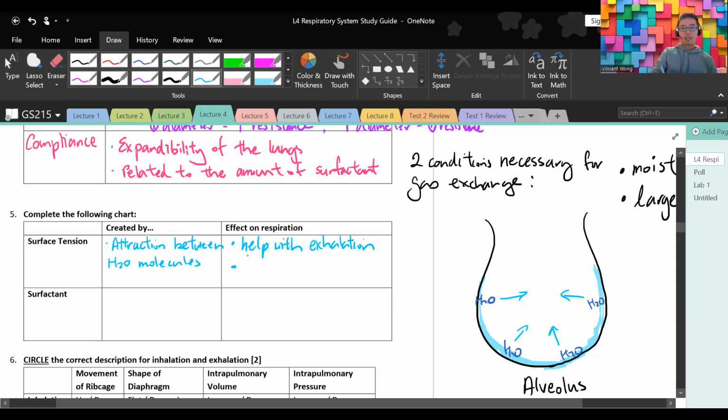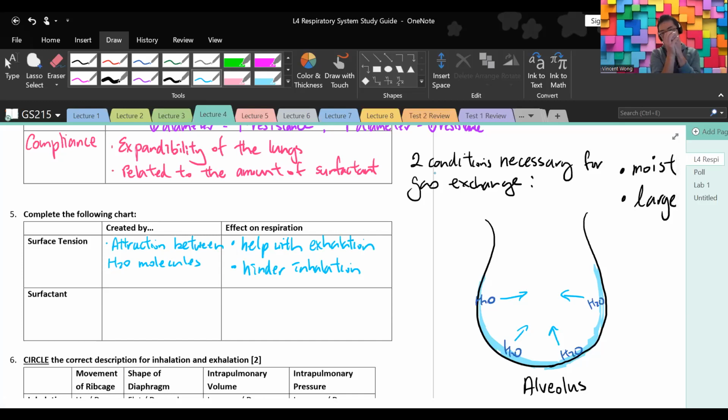However, it will hinder inhalation. Okay, it will make it difficult to breathe in, because it always wants to close up. It takes effort to open it up again, right? And so we need a counteracting force to break the surface tension, right?